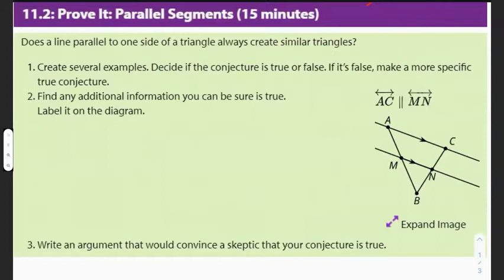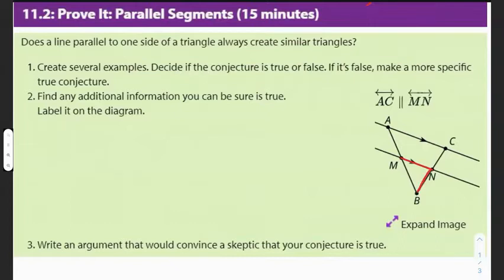Parallel lines, definitely parallel lines. So that means in this image, we have two triangles.